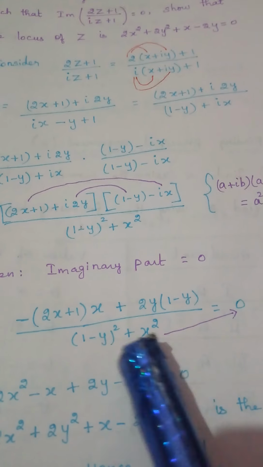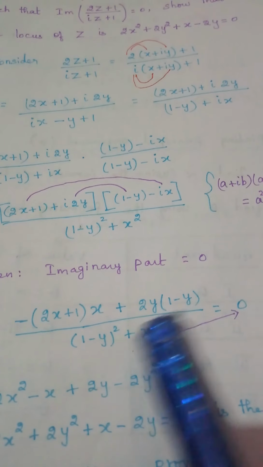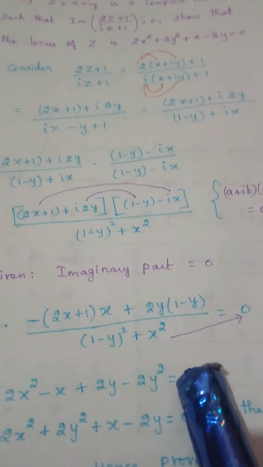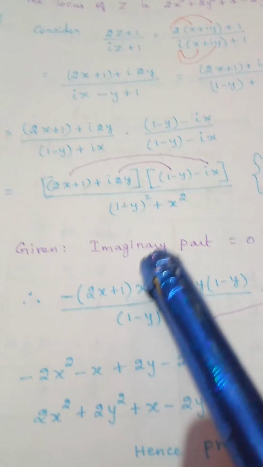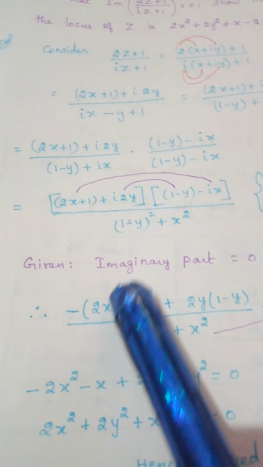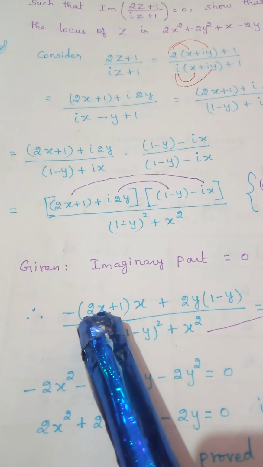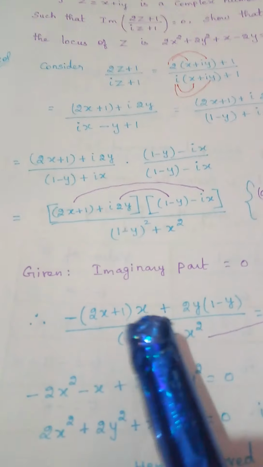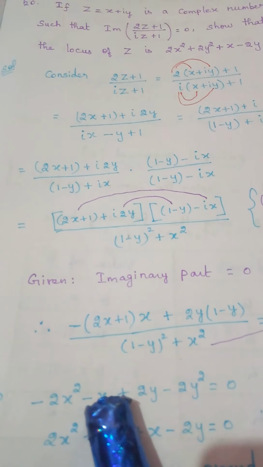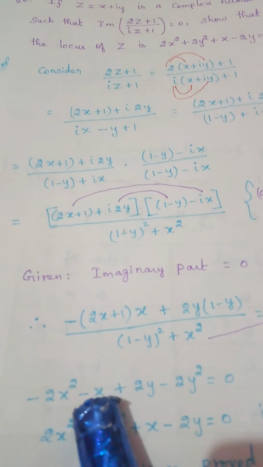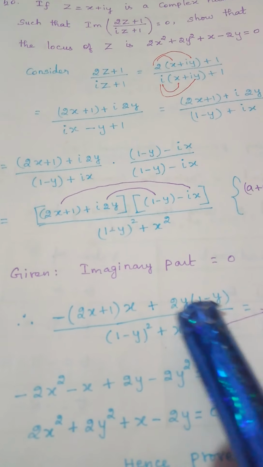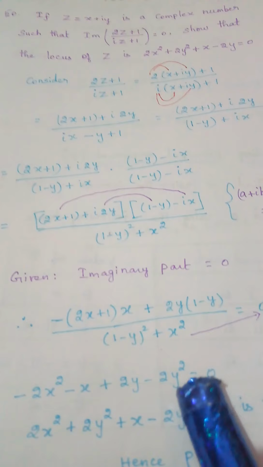So when we cross multiply this, what happens? This will go and multiply with 0, so entirely it becomes 0. Meanwhile here I am taking this x inside. What happens? x into 2x, 2x square, with this minus sign, minus 2x square. x into 1 plus x, with this minus sign, minus x. 2y to inside this bracket, plus 2y minus 2y square equal to 0.